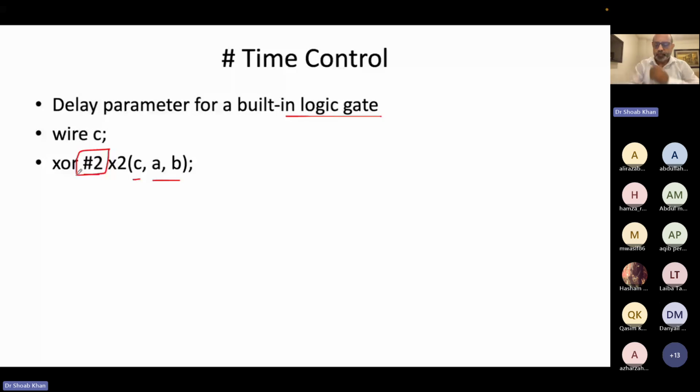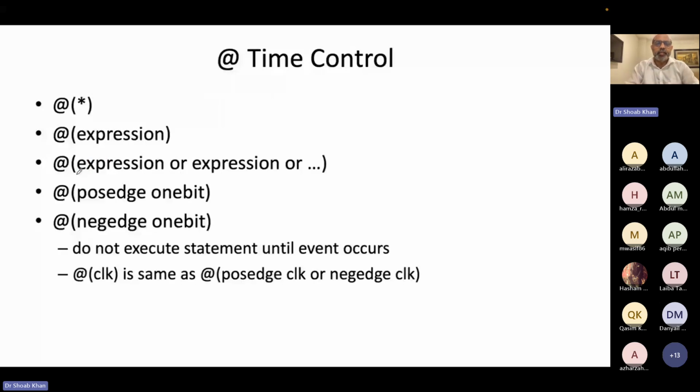Okay. So then we had this @, which is a time control. You say @, if something happens here, only then; otherwise the simulator will come here and wait for this to happen. So this is also to facilitate the simulator to understand when it should go and execute the rest of the statement.